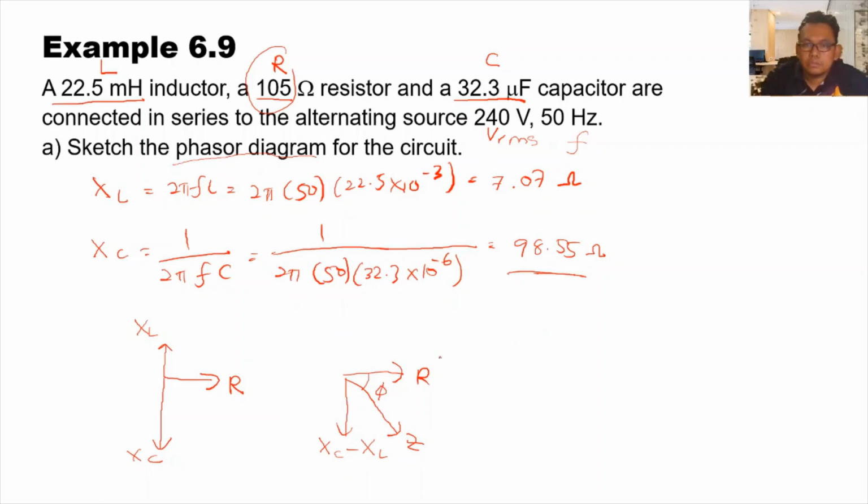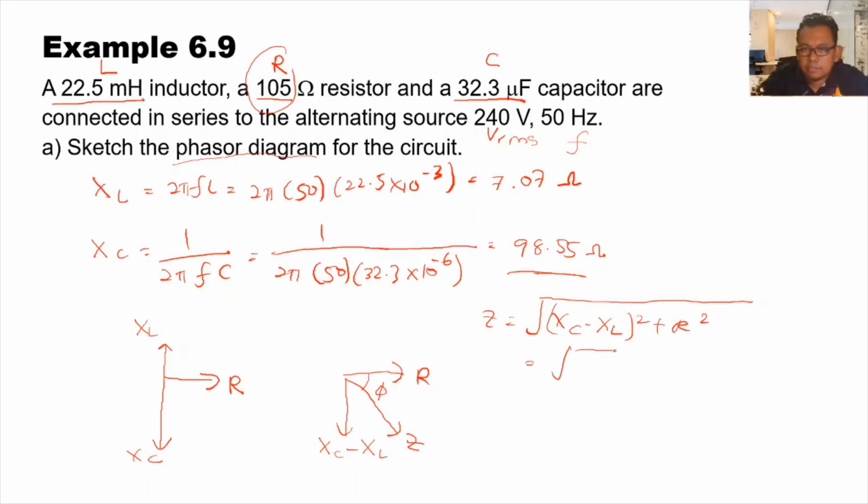Okay, now we can calculate the value of impedance. Impedance is the square root of (XC minus XL) squared plus R squared.